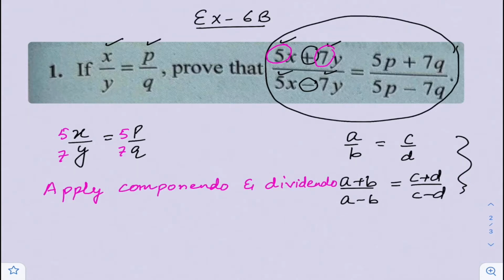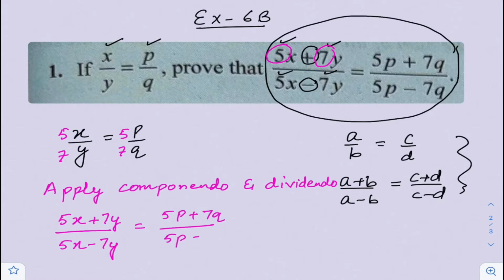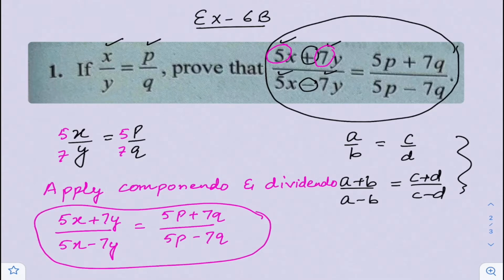We get 5x plus 7y upon 5x minus 7y equals 5p plus 7q upon 5p minus 7q. And you can see, students, this is what we were supposed to prove. This and this are matching.